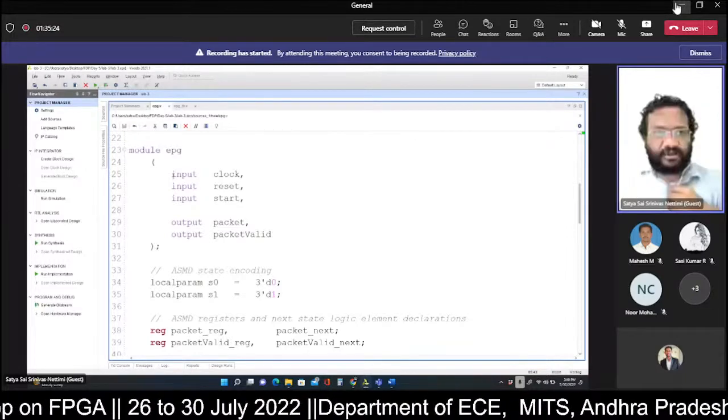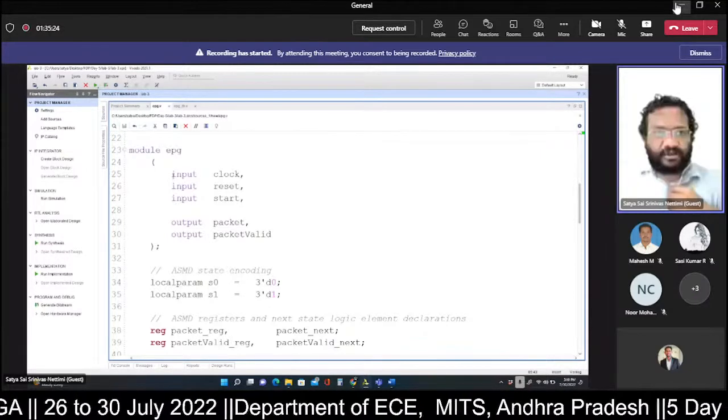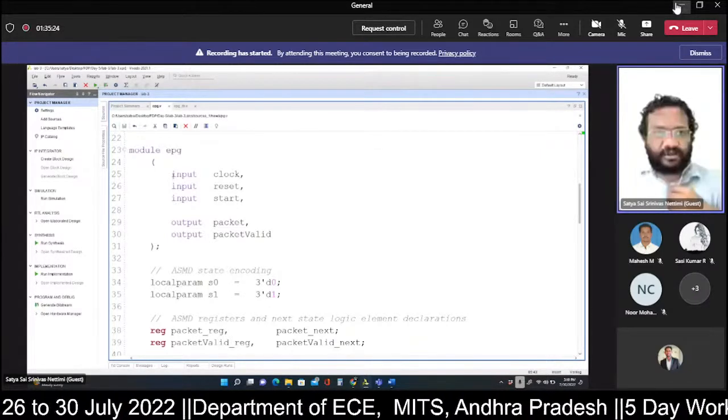Since we have to do port mapping, prefix each with a dot.